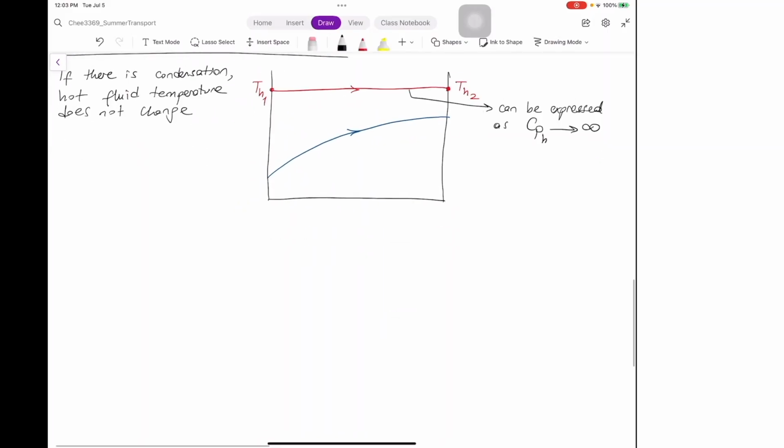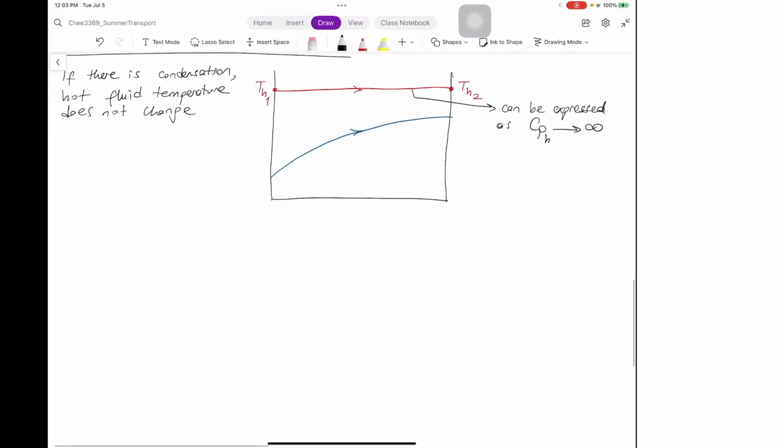Another thing, as the opposite of this, if there is boiling instead of condensation, this time the cold fluid temperature does not change.